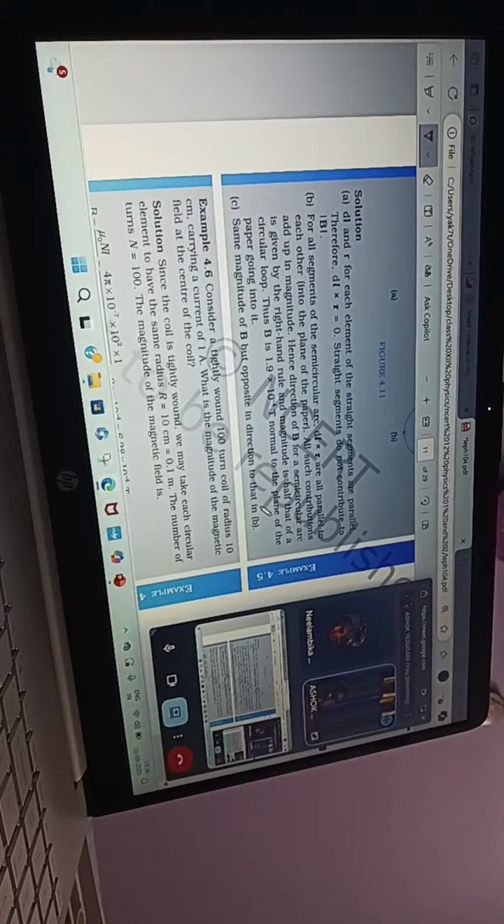Same magnitude, opposite direction. In this case, opposite. Why is it opposite? In this case, the current is this side. See again. Current is this side. Encircle the fingers, coming out.